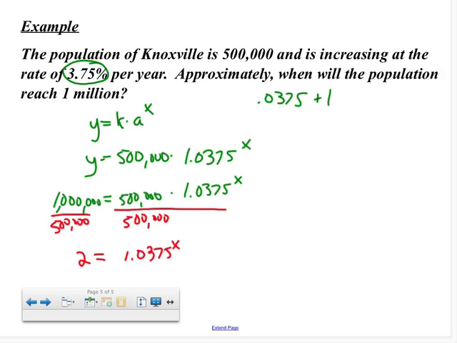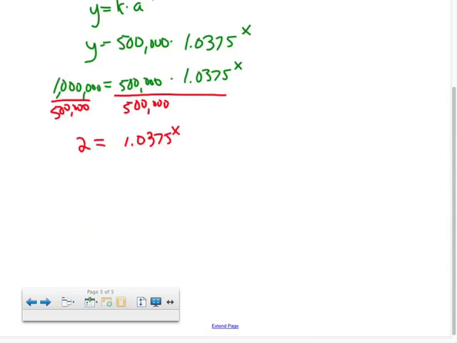And just like the last problem, you could do this by graphing, by guess and check. I'm just going to go ahead and take the log of both sides. So if I take the log base 10 of 2 and the log base 10 of 1.0375 to the x, that allows me to bring that x down in front.